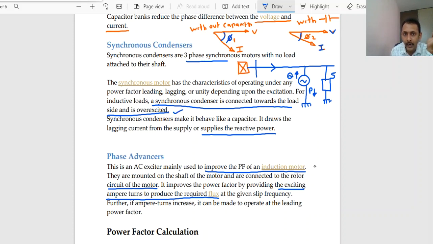In this state, the synchronous motor behaves like a synchronous condenser, almost like a capacitor, and it injects reactive power into the line while consuming active power. Some fraction of the reactive power required by the load is thus generated locally with the help of this synchronous condenser, and like this you can improve the power factor.